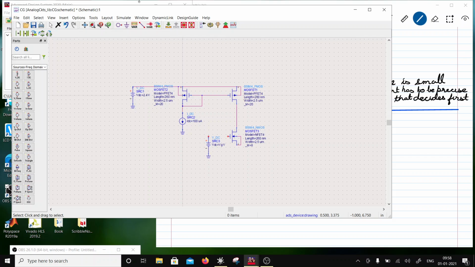So this is a DC source. Now this VG will decide what is the quiescent current for the input, right? So the quiescent voltage would be VG minus V overdrive minus VT. So that will be the quiescent voltage.